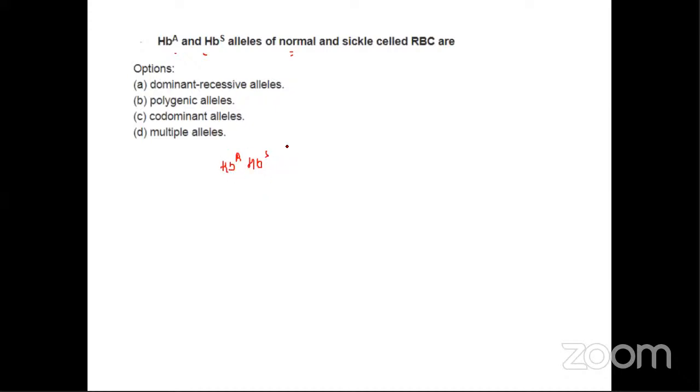All right. So in this case, when we are going to check the RBCs of the person, we are going to find normal RBC also, and we are going to find sickle cell RBC also. This is basically a carrier of sickle cell anemia. We are going to find normal RBCs also, and sickle-shaped RBCs also. So basically in this case, what is happening? This is also getting expressed and this is also getting expressed.